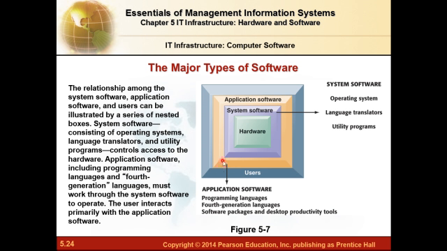Please take your time to understand this. At the center is the hardware. Without hardware, it's nothing. You need system software to operate the hardware, and then you need the application software to be used by the user.